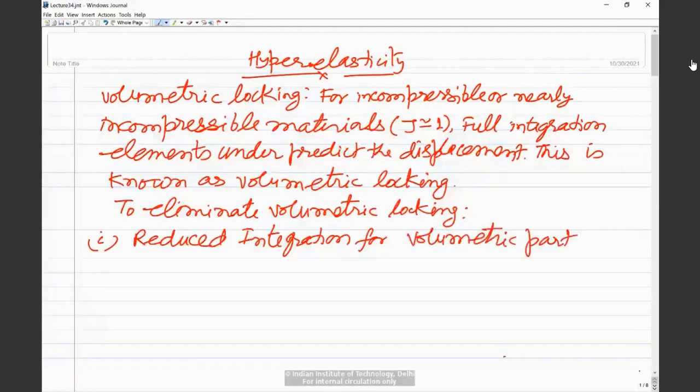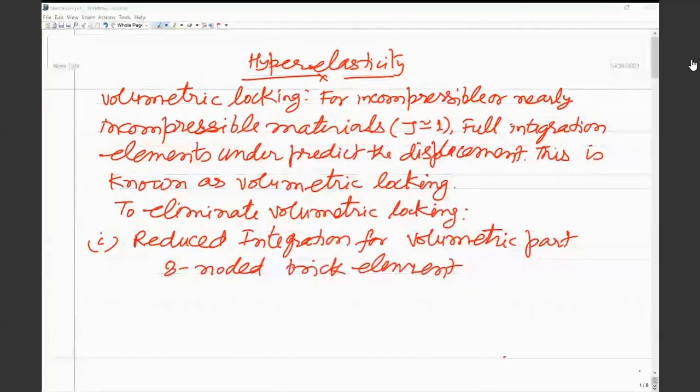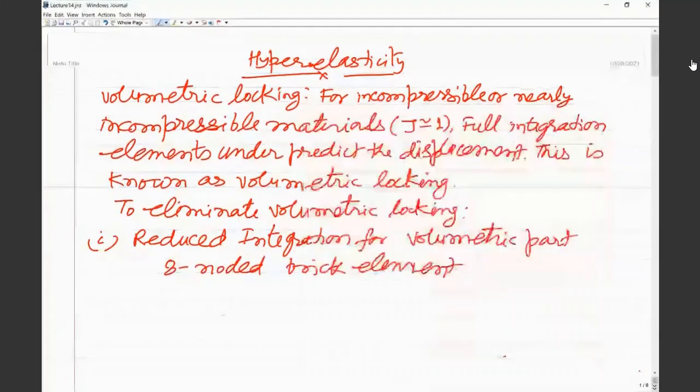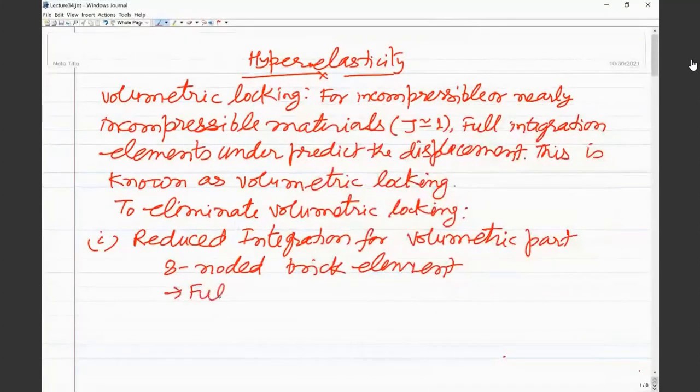Typically, suppose we have an 8-noded brick element, which is a 3D element. For full integration, maybe a 2 by 2 by 2 integration rule.